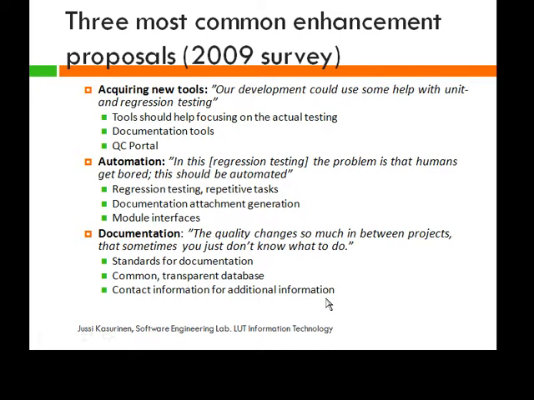how did the organizations then think that they could move their test process towards a more feasible or usable system? Well, one way they saw was that they could acquire new tools. They had this instinct that they could have better tools to support their work.